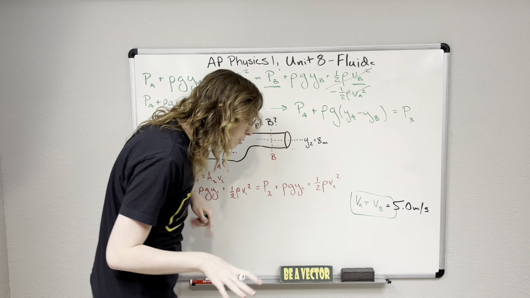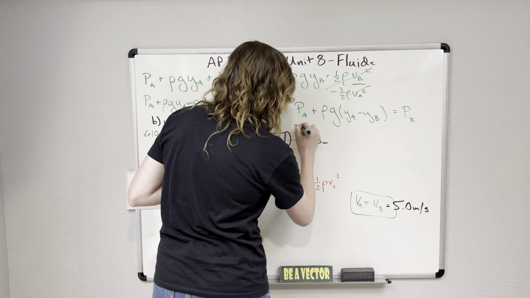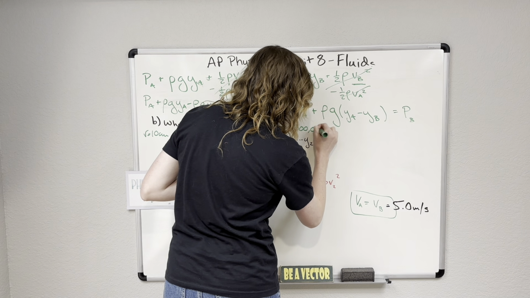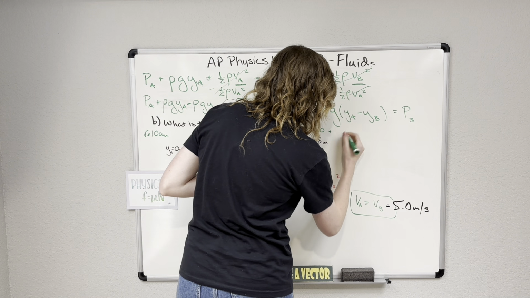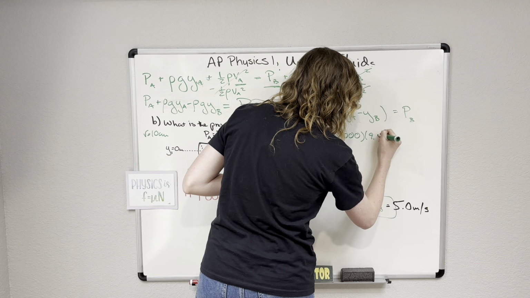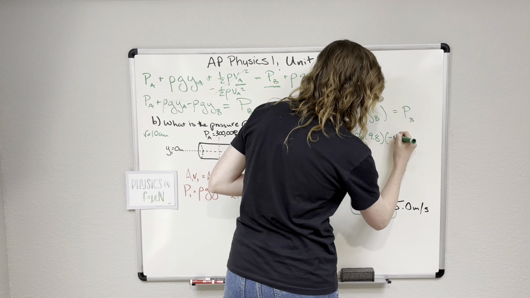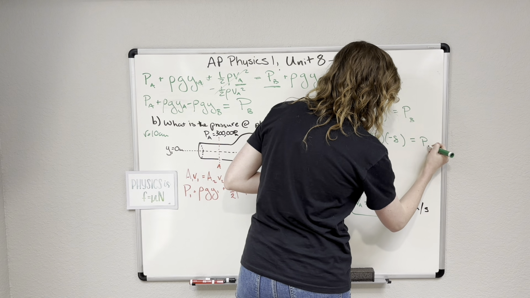So all I'm going to do is plug in those values here. So I have 300,000 plus 1,000 times 9.8 times 0 minus 8, which is negative 8, is equal to PB.